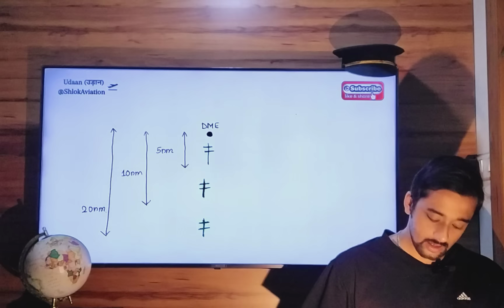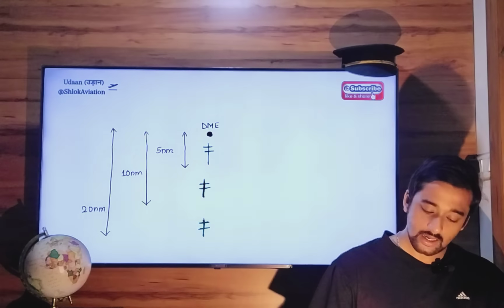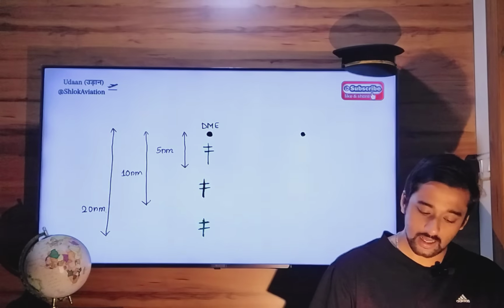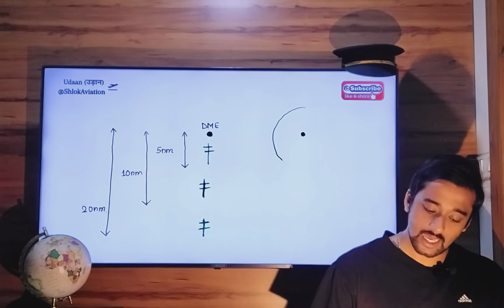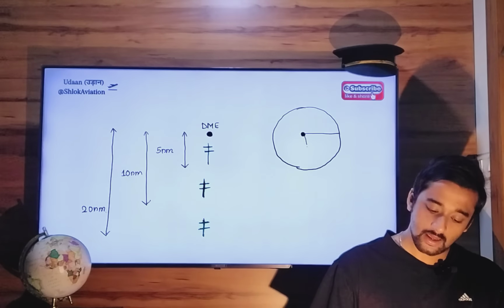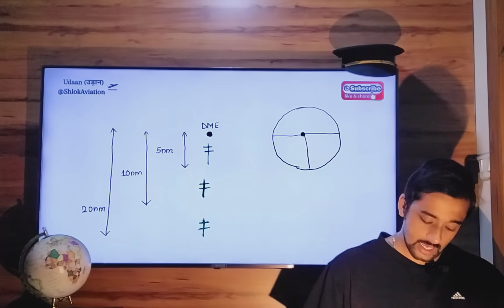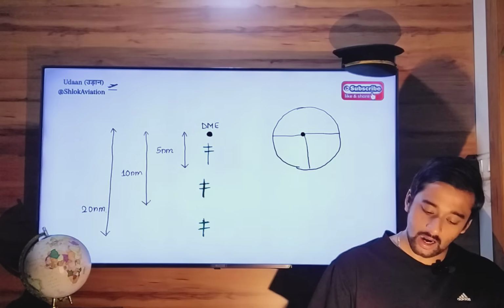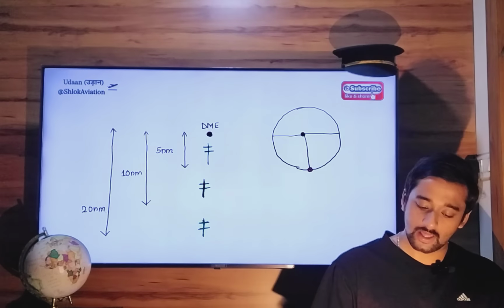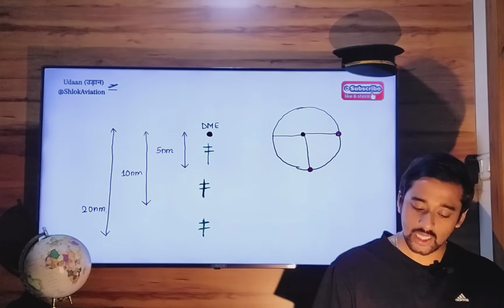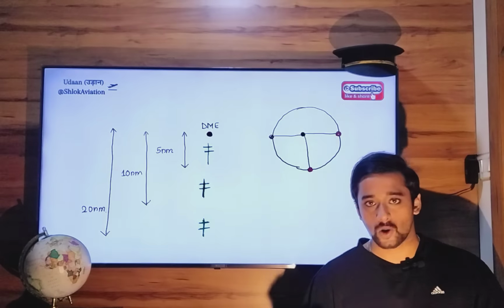So this way, you can imagine that DME is nothing but the center of a circle, and the distance given by it is nothing but the radius. Okay, DME is at the center, and you are on the circumference of that circle, approaching the DME station or going away from it.